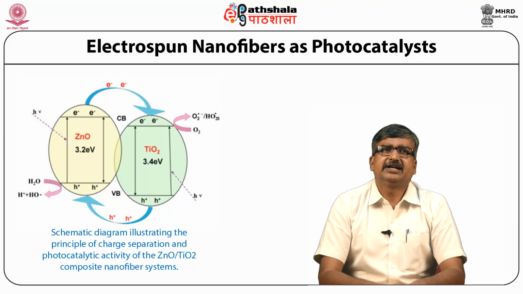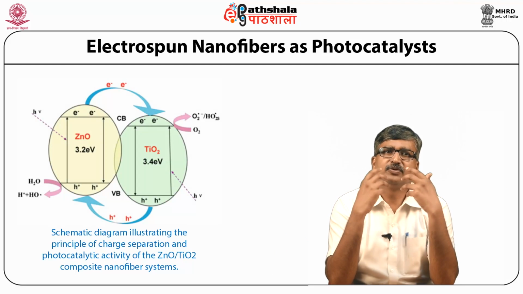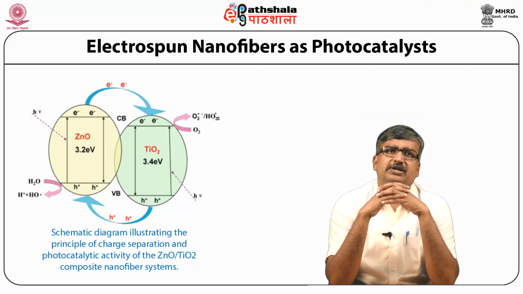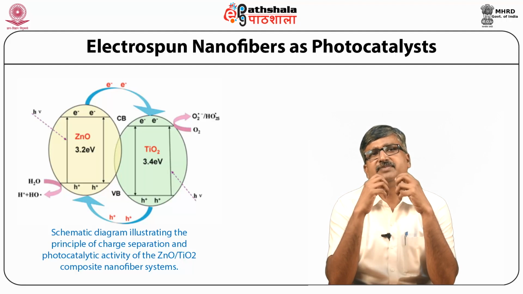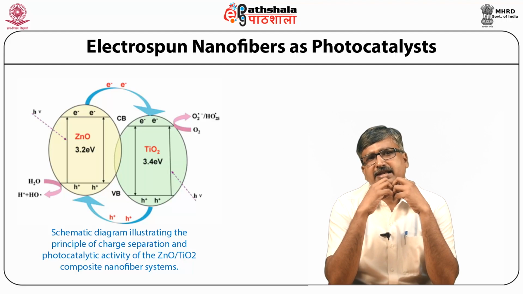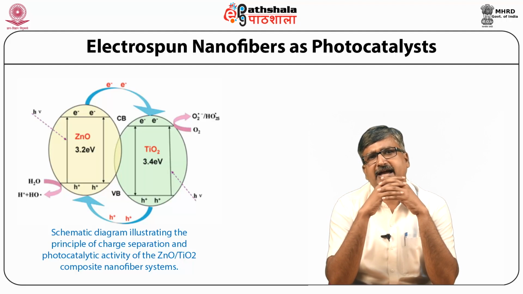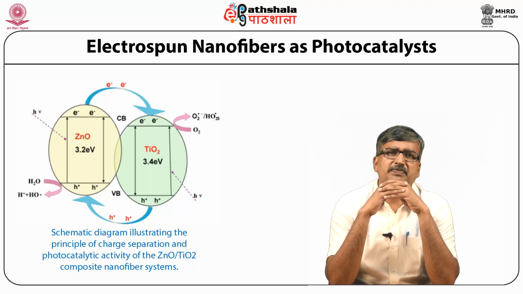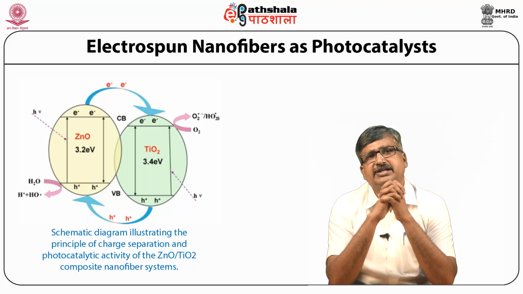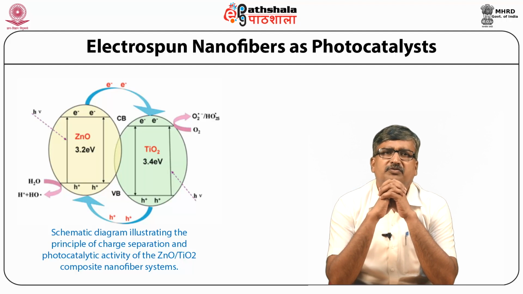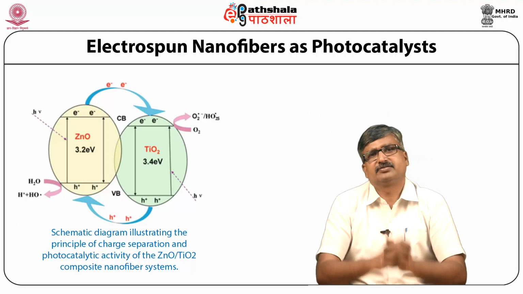Let us discuss the electrospun nanofiber as a photocatalyst. Photocatalytic performances based on diverse electrospun ceramics of TiO2, ZnO, SnO2 and so on, nanostructured nanofibers and nanotubes have been carried out. With the development of the photocatalyst, scientists found the fast recombination rate of photo-generated electron-hole pairs, which hinders this technique in practice.